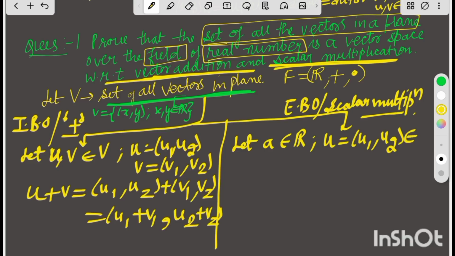This is an element belonging to the set V. So the external binary operation is defined as: when we multiply a with (u1, u2), a is multiplied component-wise. That is, it is equal to (au1, au2). Since the product of two real numbers is a real number, therefore this must belong to the set V.